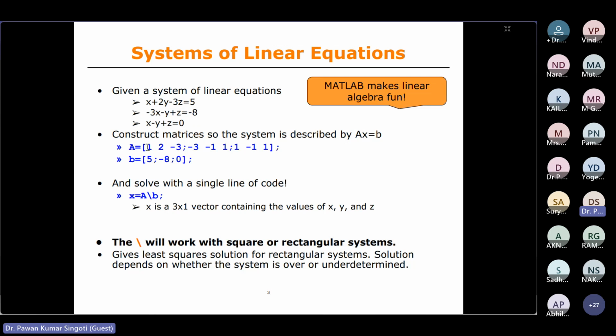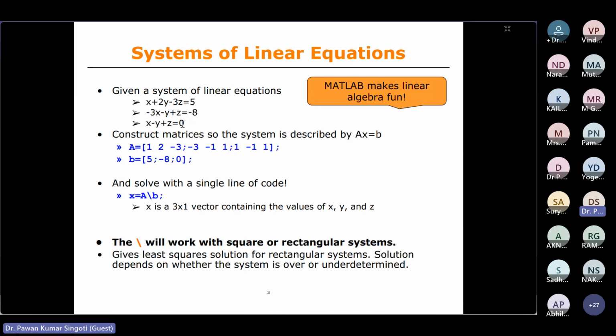For the first row we put 2, then -3; for the second line we have -3, -1, and 1; and for the last line we have 1, -1, and 1. For the B matrix we have 5, -8, and 0.